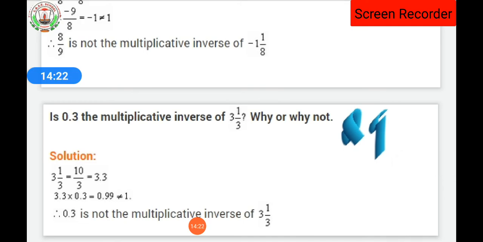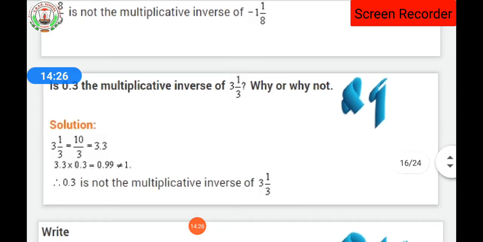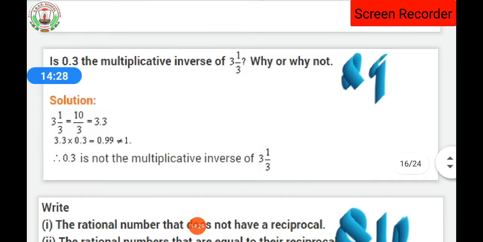Is 0.3 the multiplicative inverse of 3 1 by 3? Why or why not? So let's see. 3 1 by 3 is in mixed fraction form. We are going to convert it into an improper fraction, isn't it? So 3 into 3 will be 9, 9 plus 1 will be 10. So 10 by 3. While dividing 10 by 3, what will the answer be? It will be 3.3, isn't it?